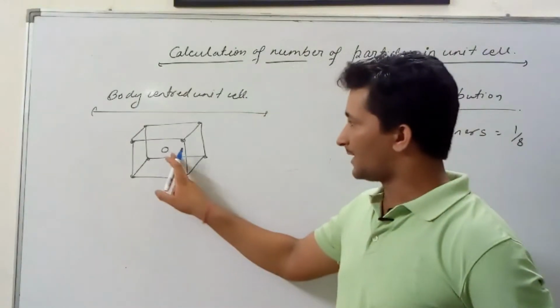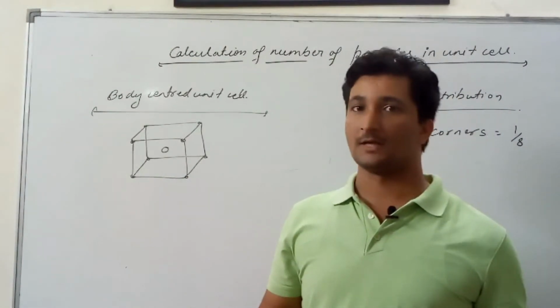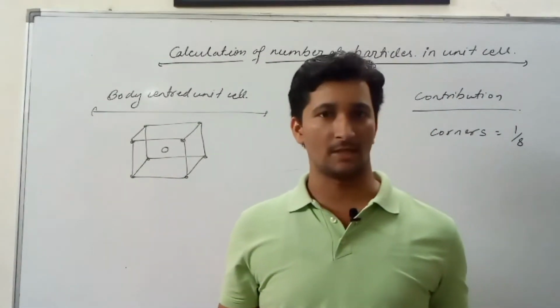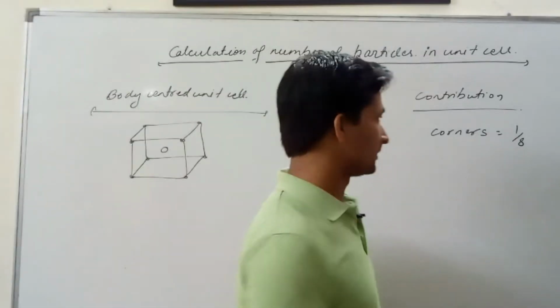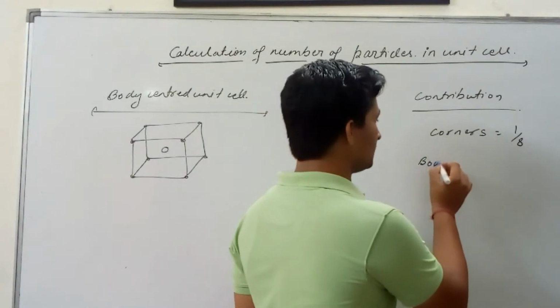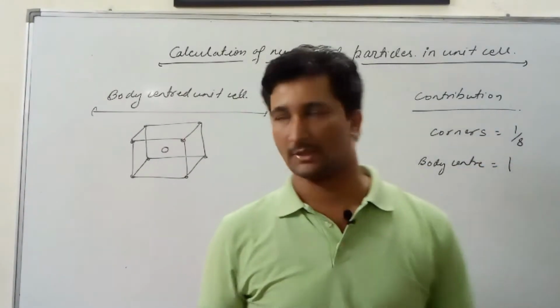If the particle is present at the center of the unit cell, then definitely it is not shared by any other unit cell and it completely lies inside the unit cell. So the contribution from the body center is 1, meaning complete.